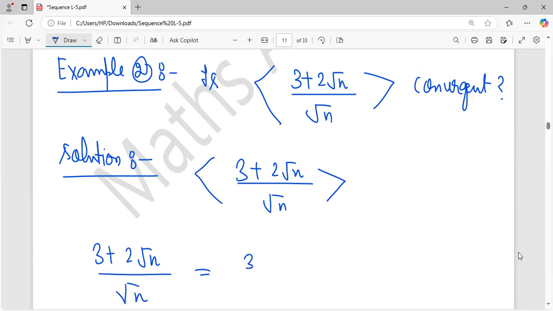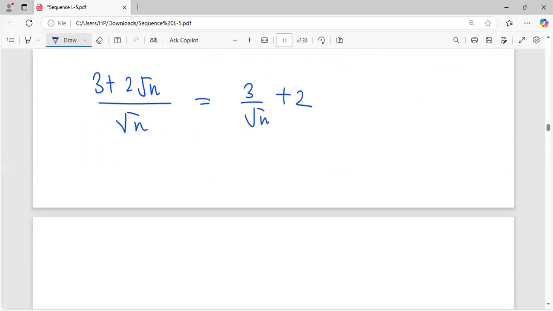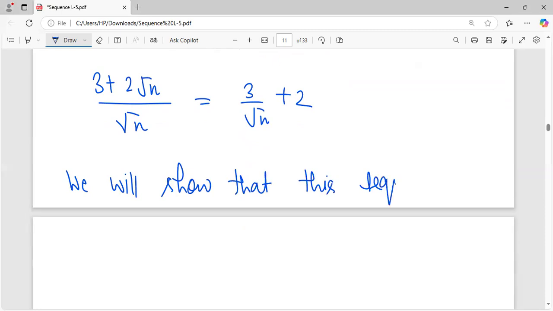If we write it like this, root n will be cancelled out. Now if n tends to infinity, this part will go to 0 and the limit will be 2. So we will show that this sequence converges to 2.